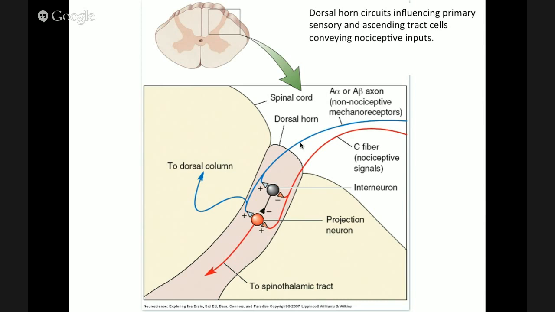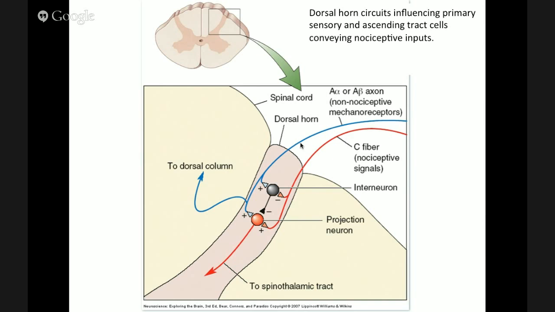You activate the mechanoreceptors. It works better than giving somebody a cookie or whatever other ways we try to help, particularly our children when they injure themselves. Hugs work too, but this is the basis of that, rubbing it or using the TENS system.